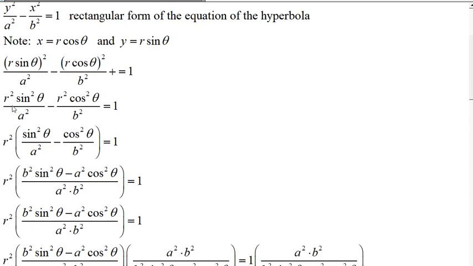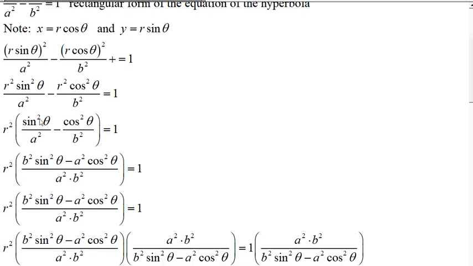The common factor is r squared, so let's pull it out. We have r squared times sine squared theta divided by a squared, minus cosine squared theta divided by b squared. Now let's combine these two fractions.